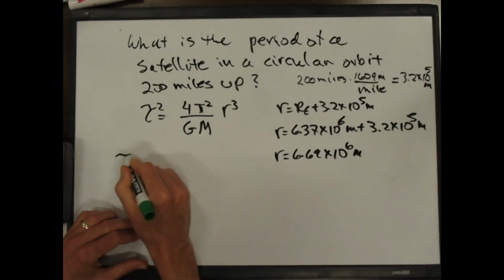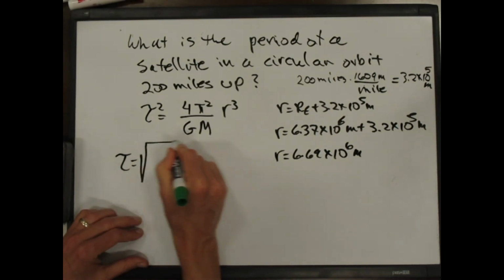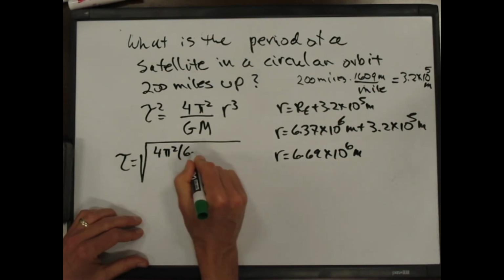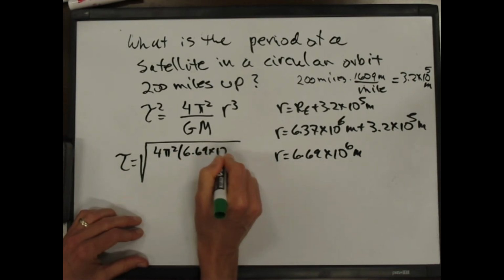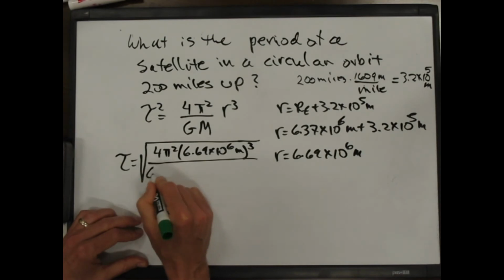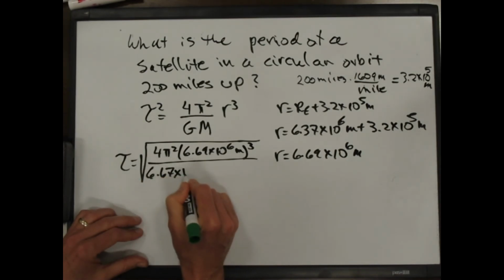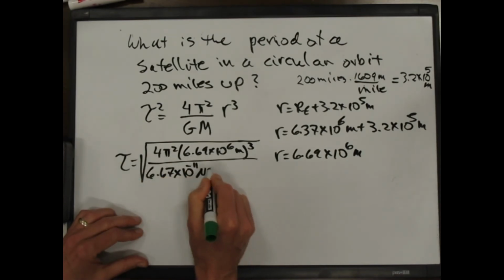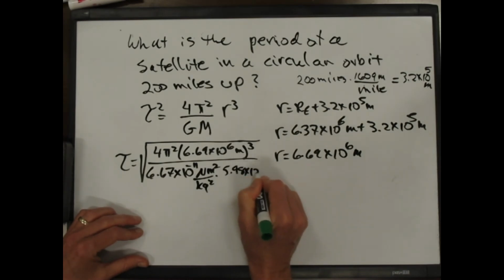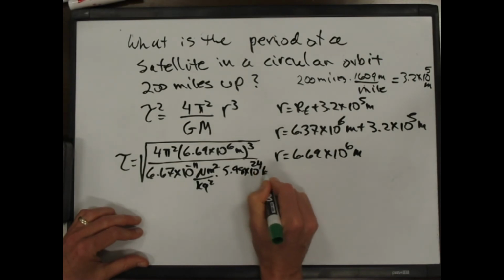And so now I can just say, look, the period is equal to the square root of this mess, 4 pi squared times 6.69 times 10 to the 6th meters cubed over 6.67 times 10 to the negative 11th Newton meters squared per kilogram squared times 5.98 times 10 to the 24th kilograms.